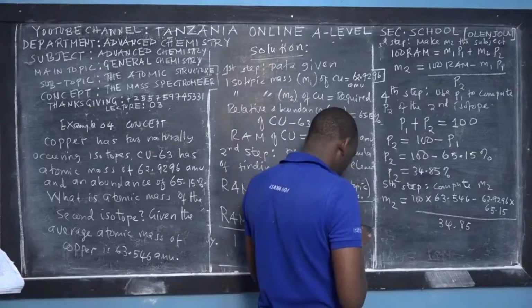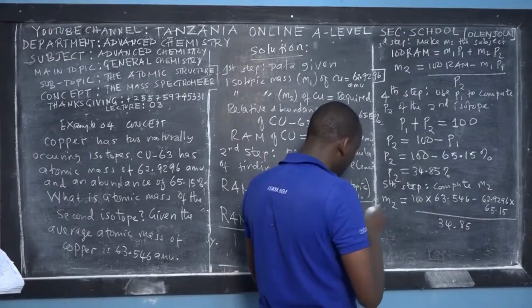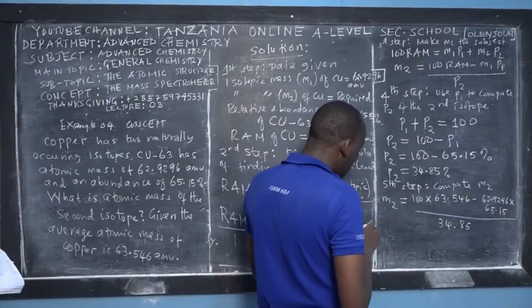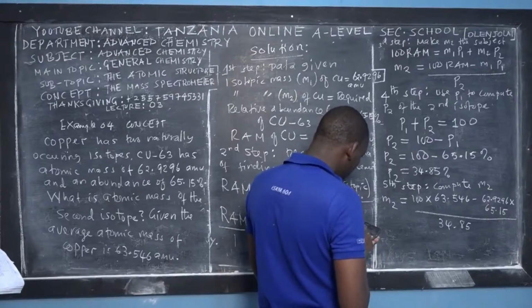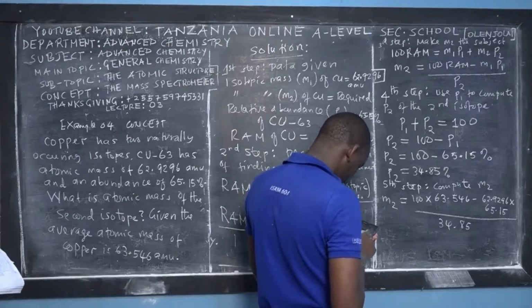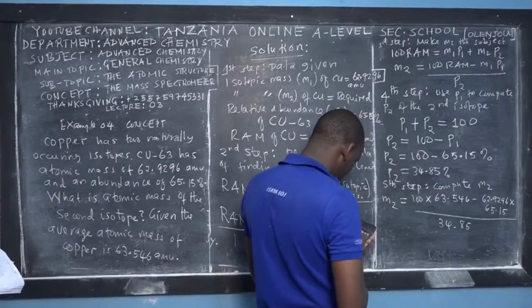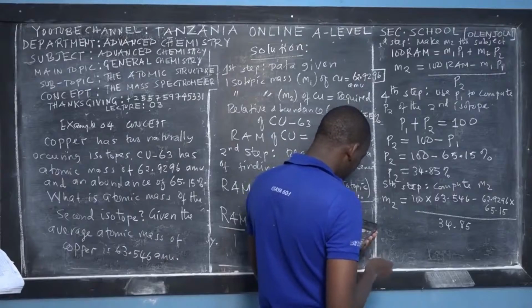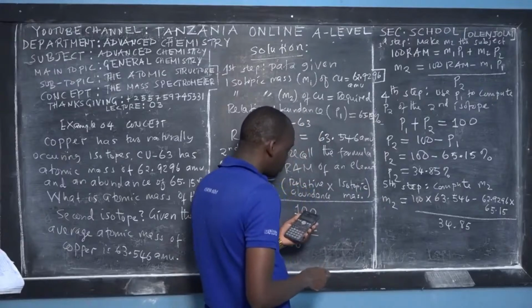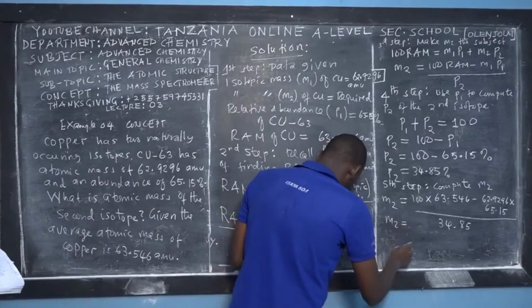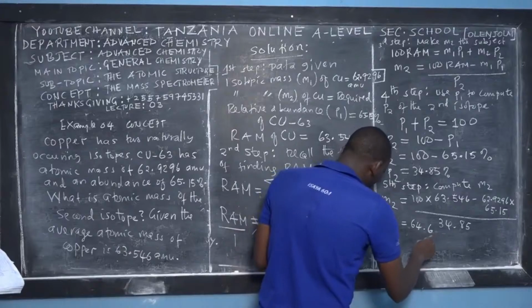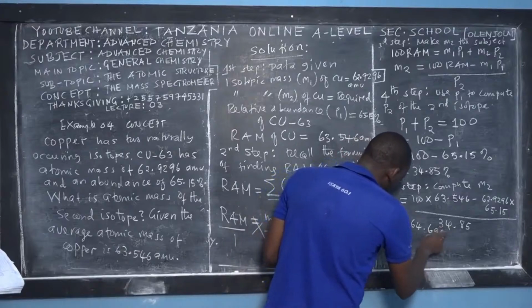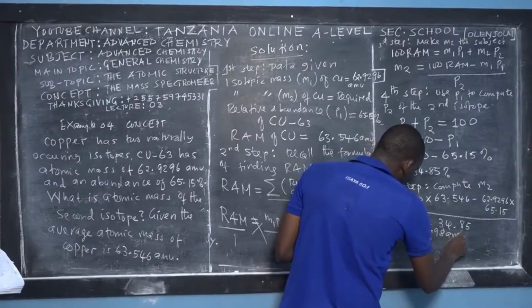You can use any way to find the multiplications. So mass 2 is equal to 64.698 atomic mass units.